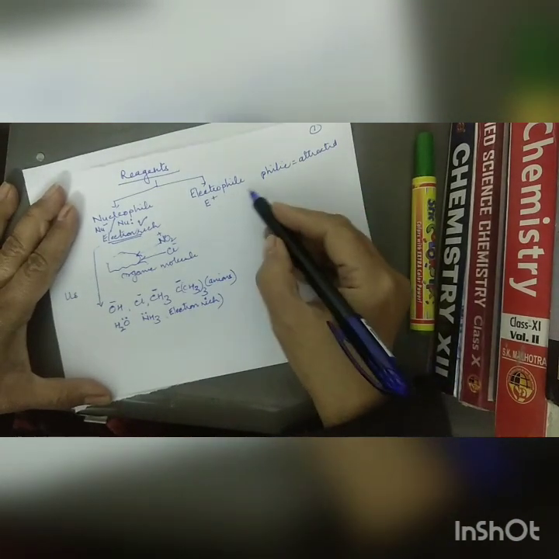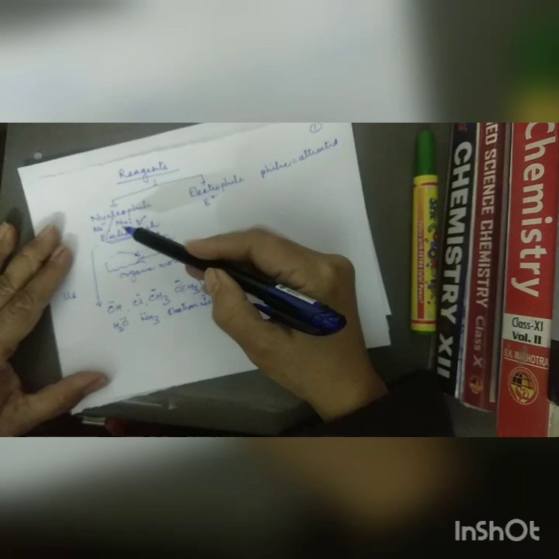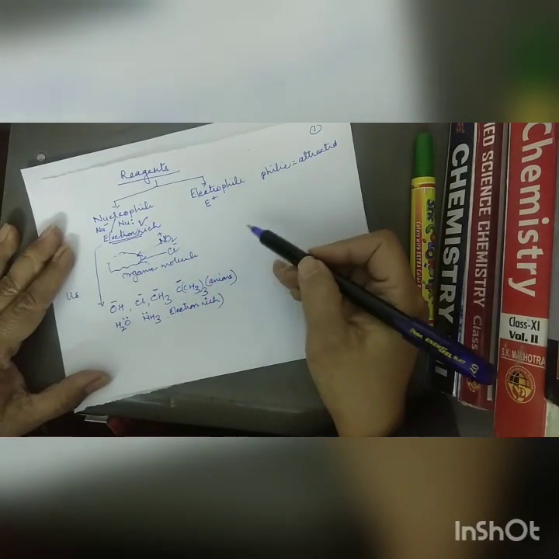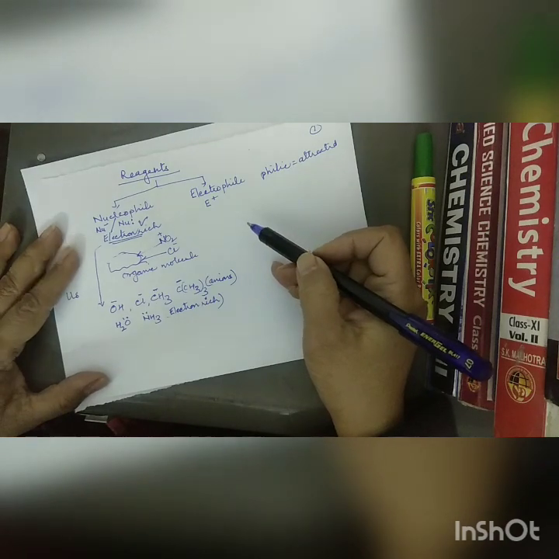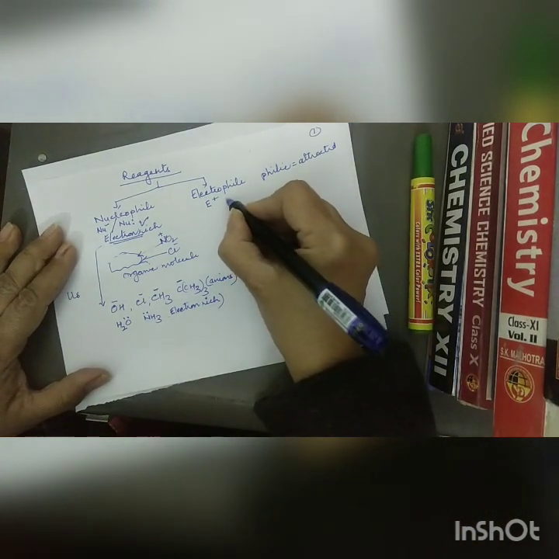What is an electrophile? It is denoted by writing E+. Nucleophile is Nu minus or Nu with two dots, which are a lone pair of electrons. An electrophile is an electron deficient species.